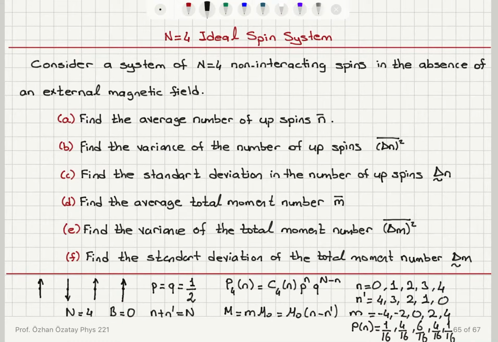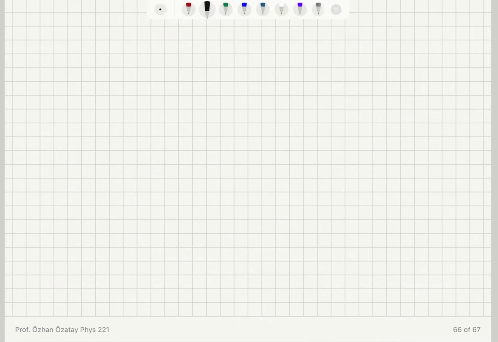Now that I have listed all the possible scenarios and the probabilities corresponding to these outcomes, I'm ready to answer the questions. So let's start with part A.